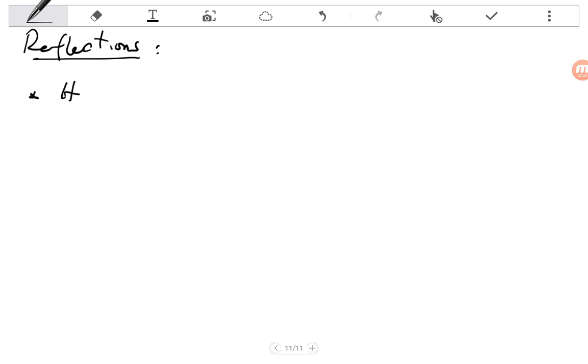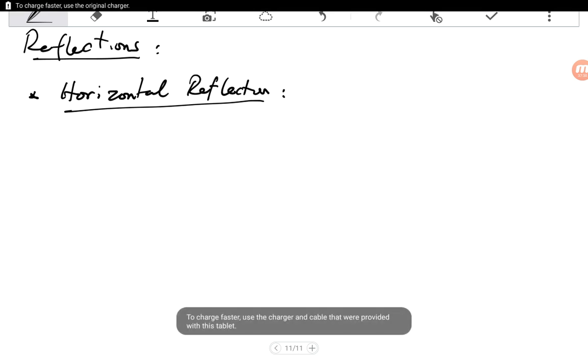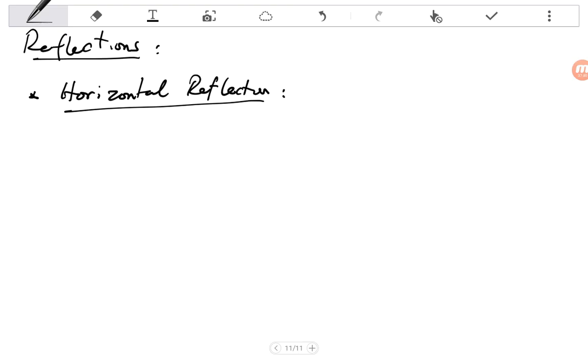First, we'll have horizontal reflection. What is horizontal reflection? Horizontal reflection is making a reflection about the y-axis.